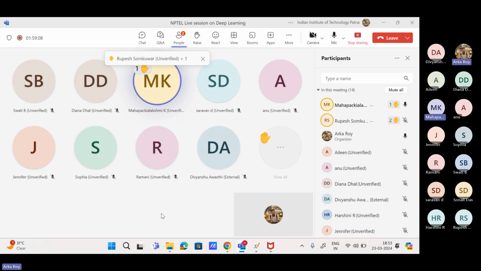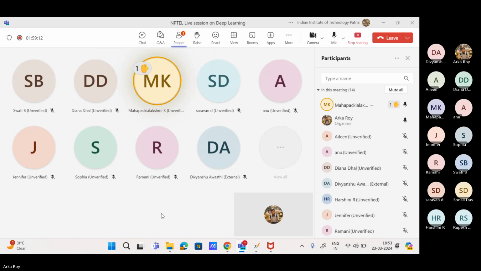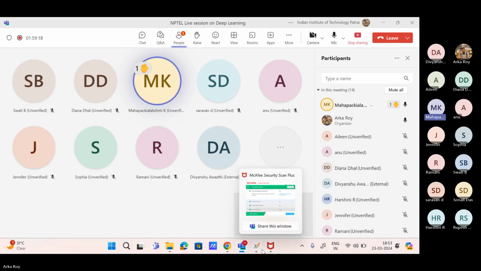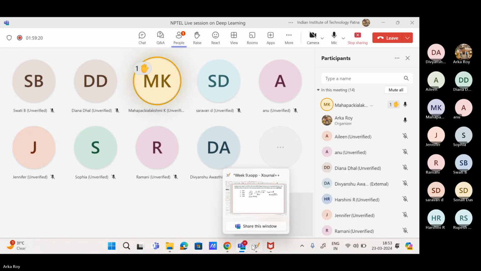Answer is D. So how did you proceed? Using the formula. So what is the formula? N into M into L plus 1 full bracket, into K.